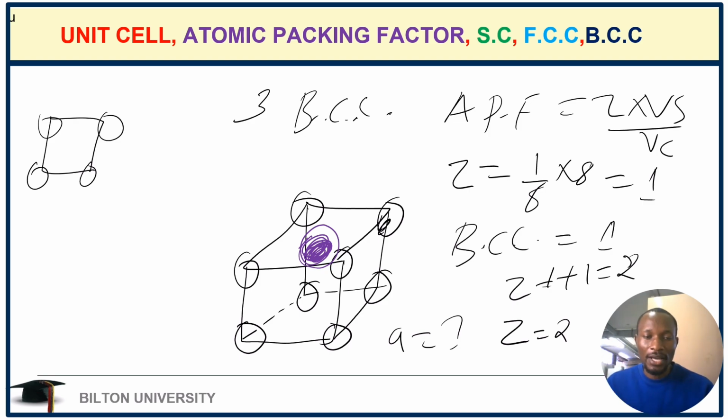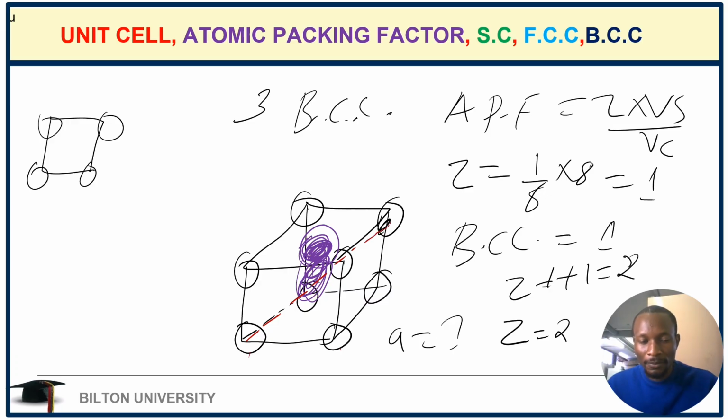If we are to bring another face on the top, they are still going to share this atom on the top, and therefore we can then relate this atom at the center to this atom on the other side diagonally, because there's no relationship between these atoms.